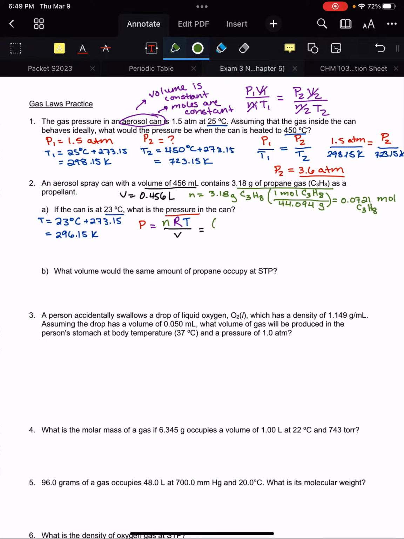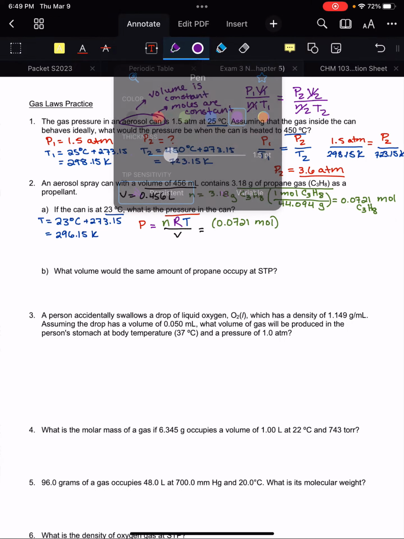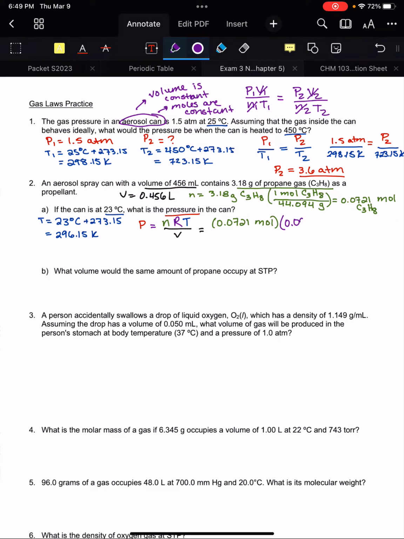The moles we solved for from the grams, 0.0721 moles. We have the R value, 0.08206 liters times atmospheres over mole Kelvin. And we got our temperature in units of Kelvin, so that'll cancel, 296.15.